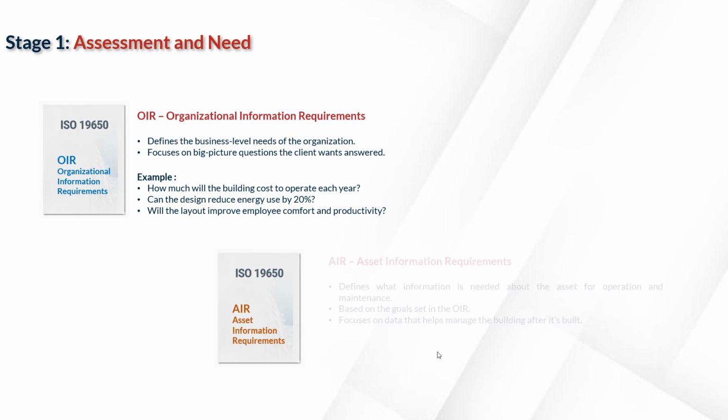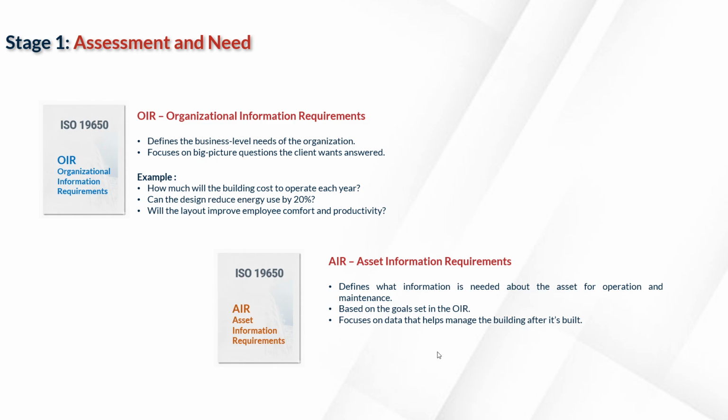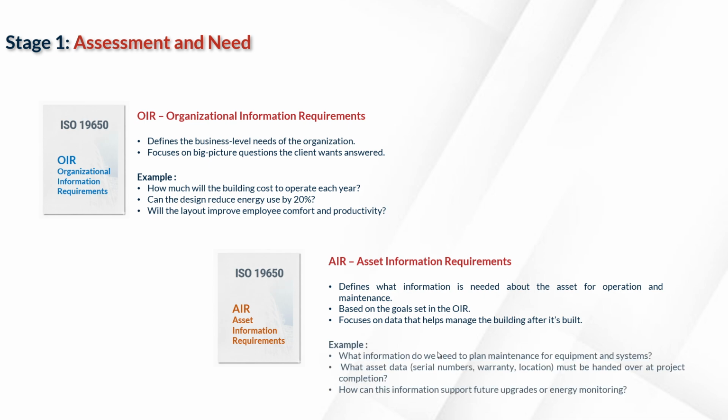The AIR focuses on the details the organization needs to operate, maintain, and manage the building efficiently. For example, it includes information like equipment data, maintenance schedule, warranty details, basically everything that helps the facility team run the building smoothly after handover.